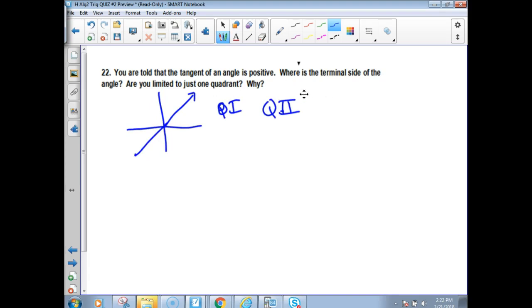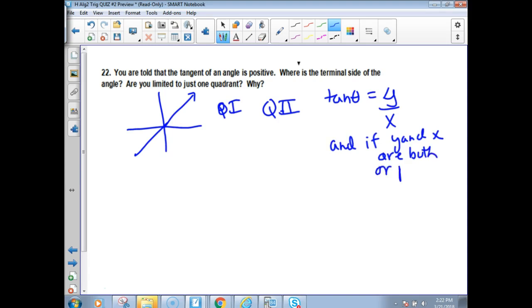Well, tangent is y over x, so if y and x are both positive or both negative, then the tangent is positive.